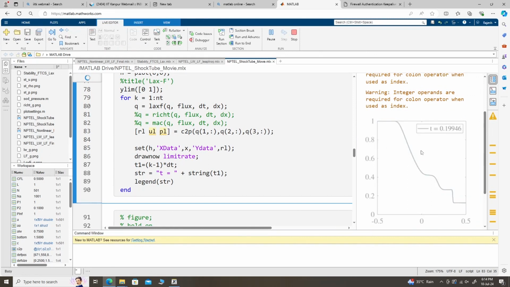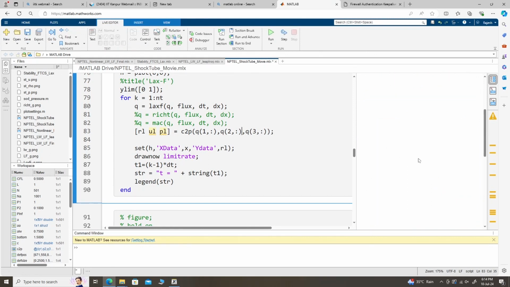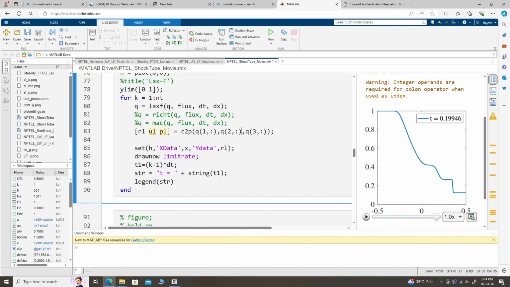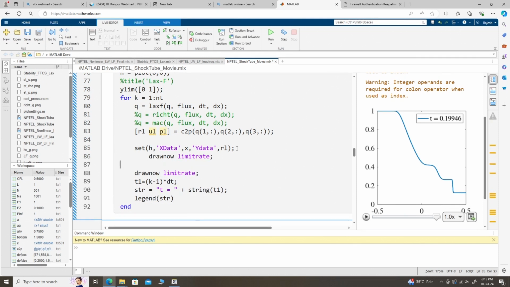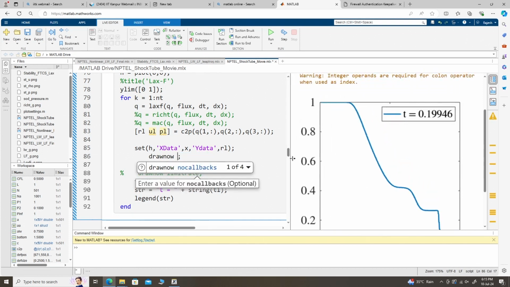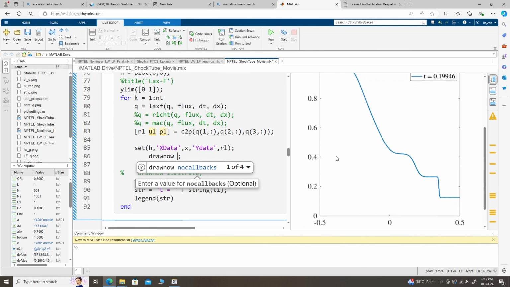Run section. I will not limit the limit rate. And let us see this.